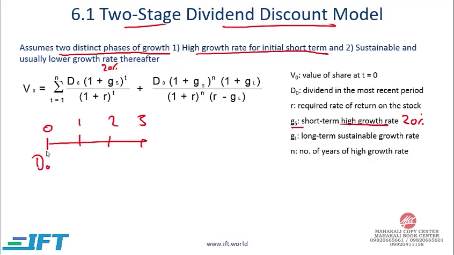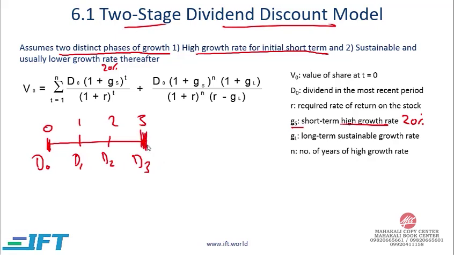If you have a given dividend D0 over here, this is the existing dividend or the dividend just paid, then how do you come up with D1? D1 will be D0 times 1 plus G, where G is 0.2, and then D2 will be again taking D1 and increasing that by 20%, and D3 will be taking D2 and increasing by 20%.